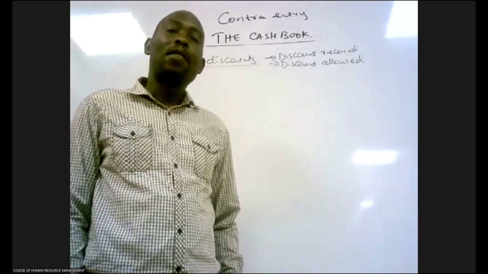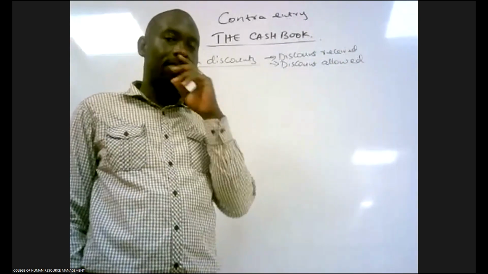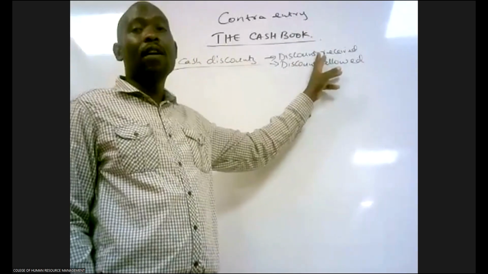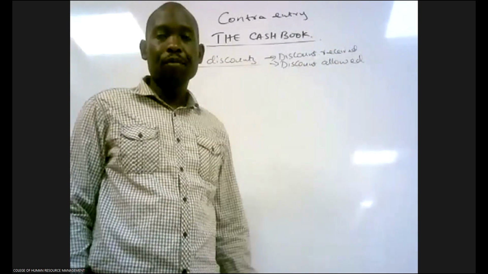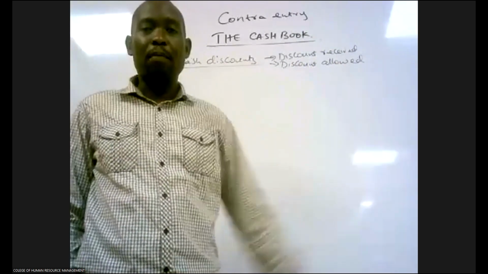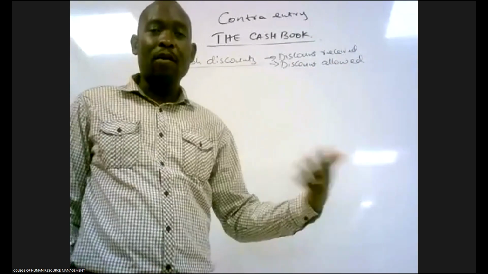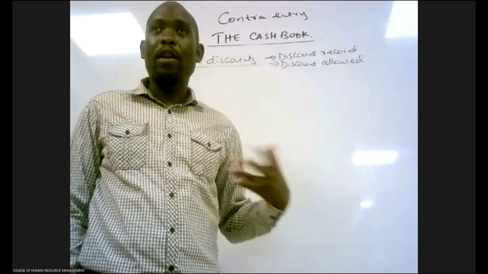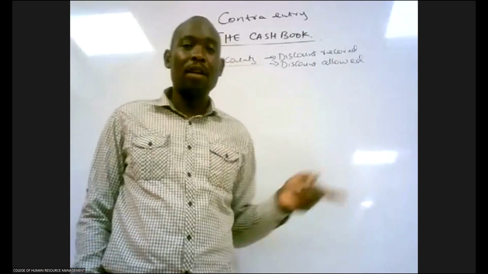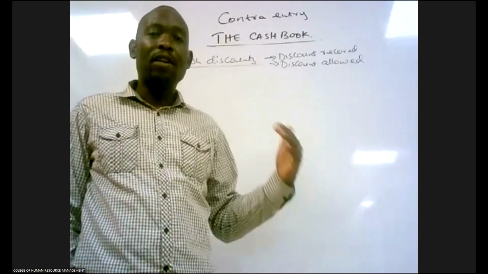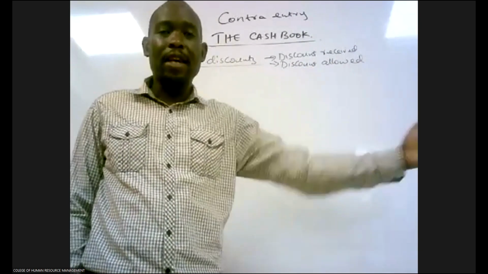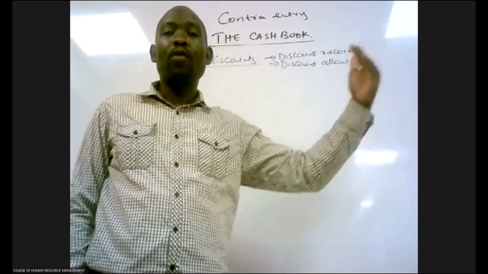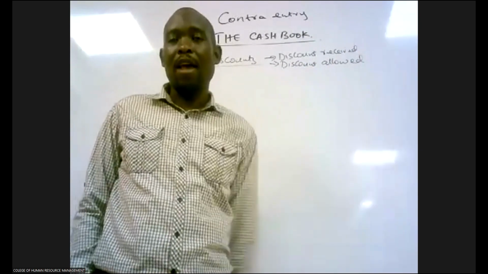No. The reason is this. Remember, we are receiving this discount when we are paying. There is a supplier that we are paying, and that supplier is the one who is giving us a discount, or we are receiving that discount from him. So the discount received comes as a result of paying. When we are paying is when we receive, so it is on the payment side.